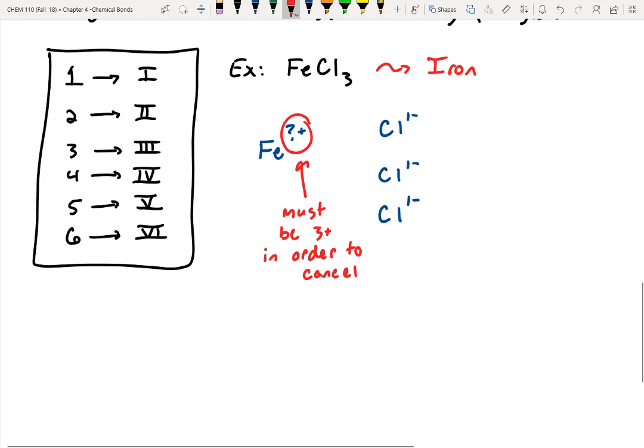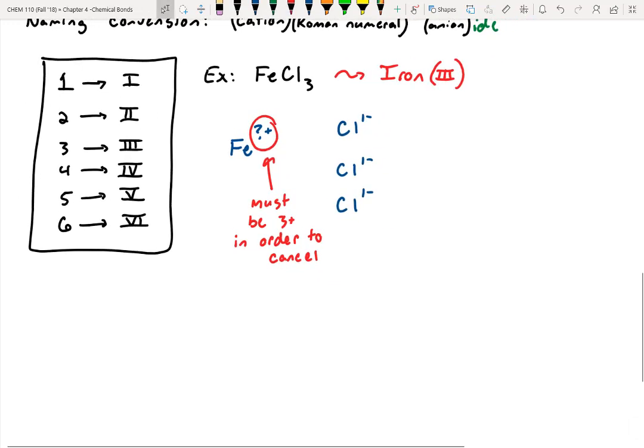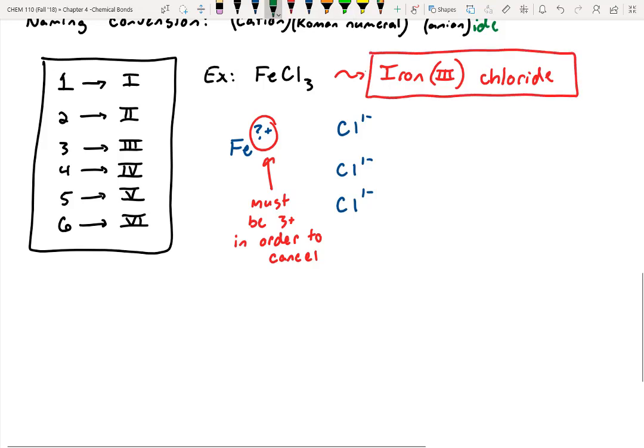And the Roman numeral in this case is 3. So you do that in parentheses. So it'd be iron 3. And then the anion is chlorine with an IDE suffix, so it would be chloride. So like I said, this indicates that that iron has a positive 3 charge.